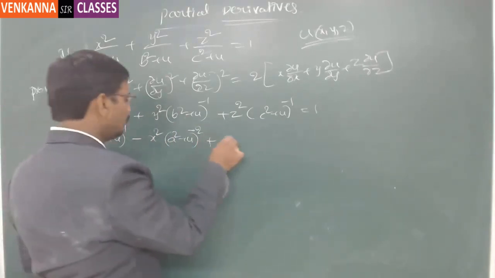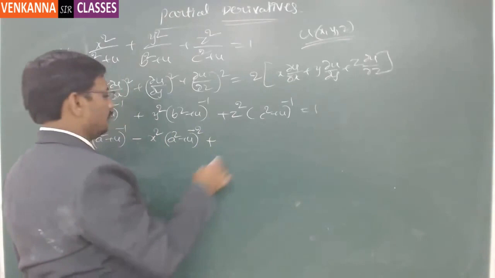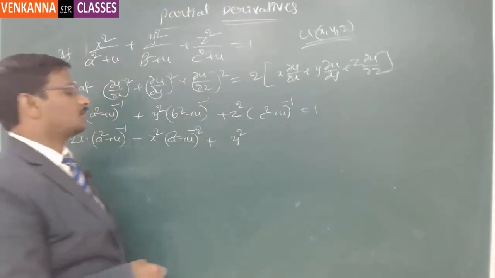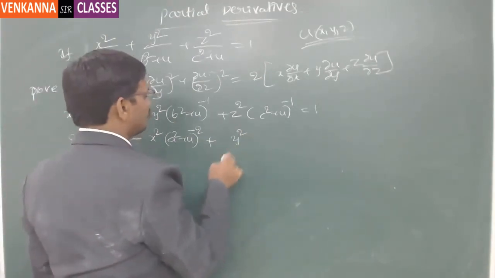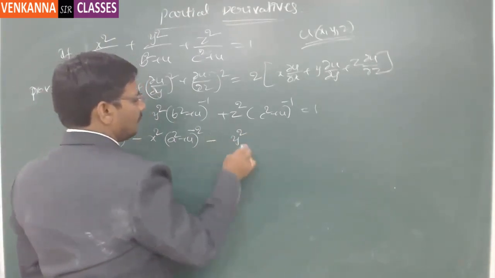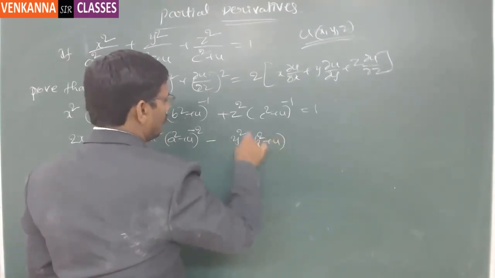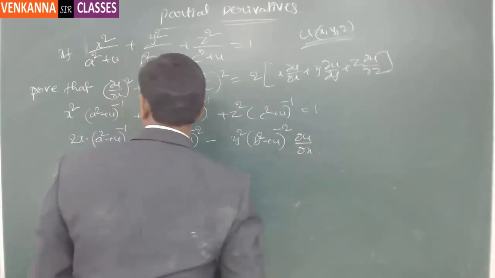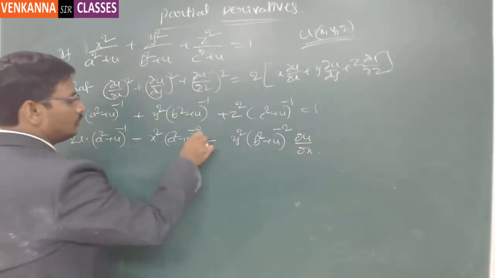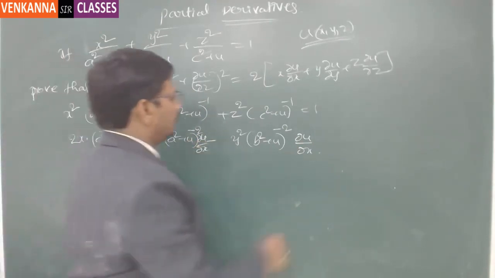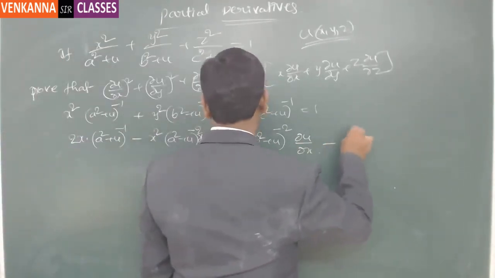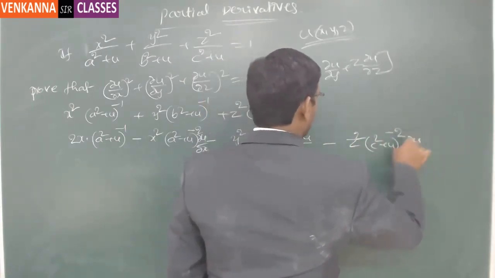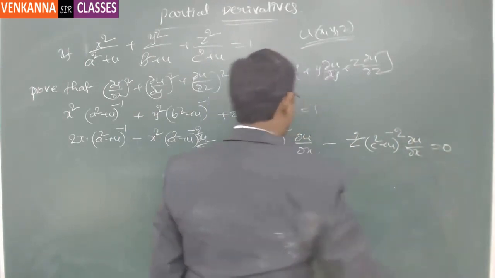So, plus y² into the derivative of this with respect to x, so this will become minus (b²+u)^(-2) into ∂u/∂x. So here also ∂u/∂x is there. And then minus z² into (c²+u)^(-2) into ∂u/∂x is equal to 0.